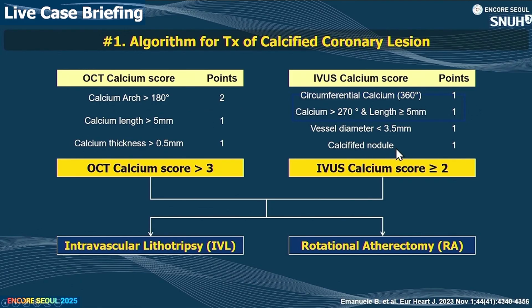In this case, we observe the second, third, and fourth. On the left side, we also have a scoring system based on OCT. The total is 4 points. First, calcium arc more than 180 degrees, 2 points. Length more than 5 millimeters, 1 point. Thickness more than 0.5 millimeters, 1 point. Thus, the OCT calcium score should be 4 to do ablative therapy, such as IVL versus RA.